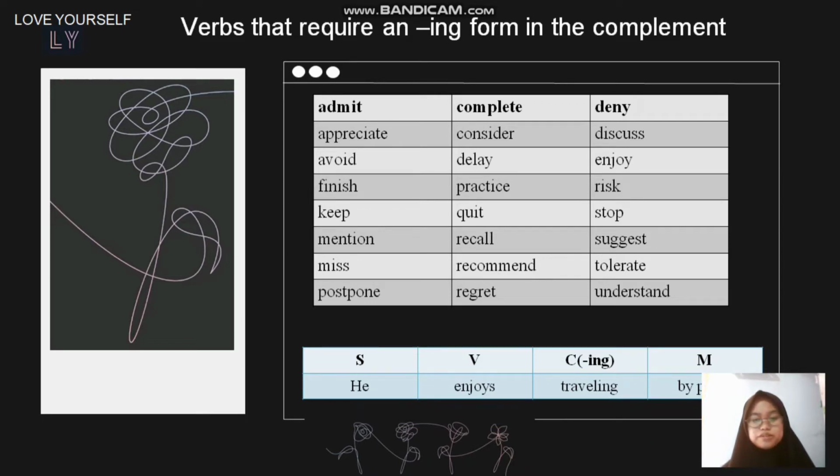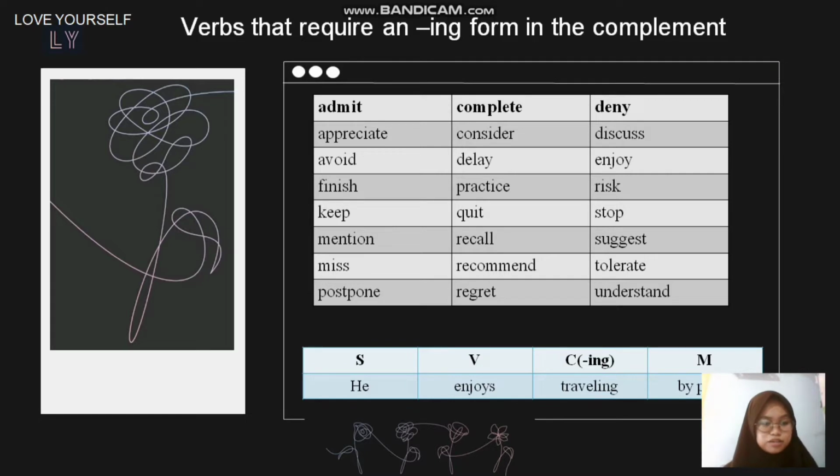he enjoys traveling by plane. He is the subject, enjoys is the verb, traveling is the complement, ing, by plane. Okay, avoid using an infinitive after the verbs in the list.